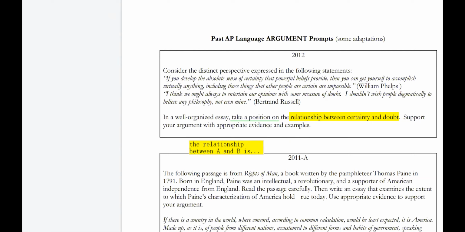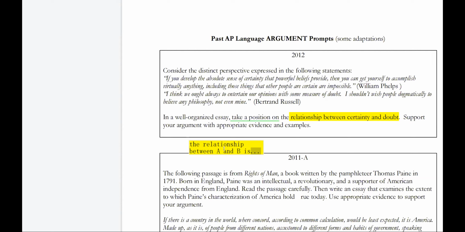That's why we call it a semi-open question. Our position is no longer yes or no, good or bad. Our position is we need to come up with some concrete idea to fill in the blank that indicates the key term relationship.